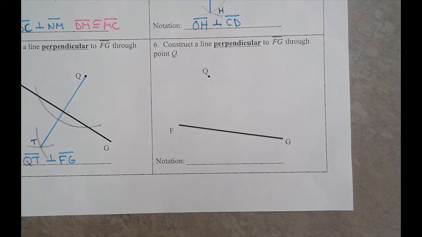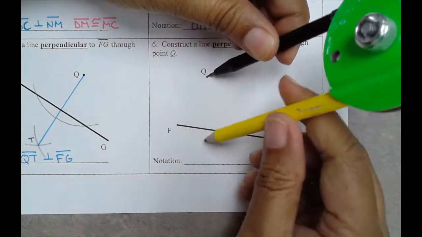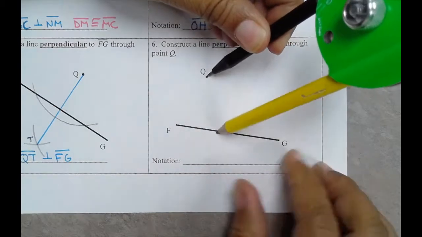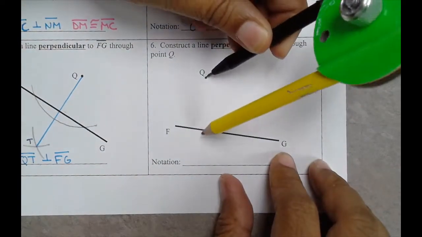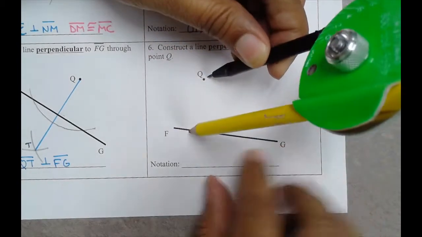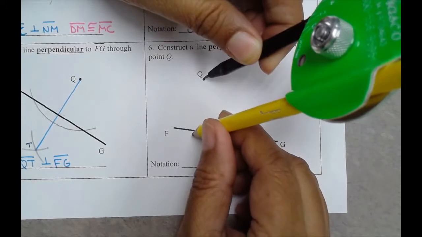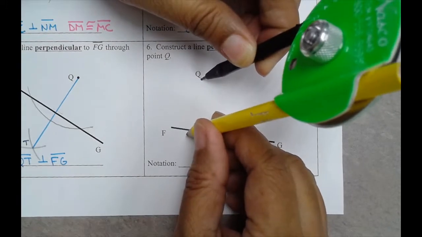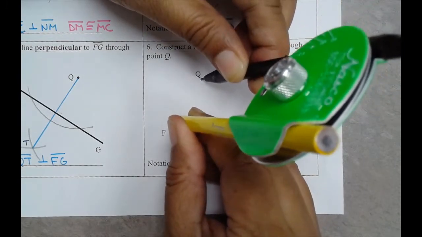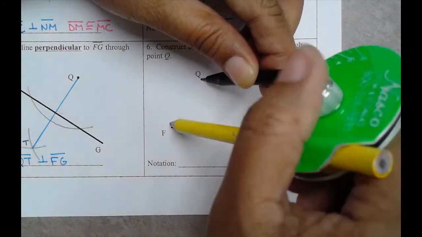If you try to draw an arc from this point and hit this line twice, it doesn't work. You draw an arc here and then all of a sudden it's not quite reaching there. You can always extend this line so you can see it. Now I'm going to put my Q here, and I'm going to make it a little bit smaller than this F so you can actually draw it in.